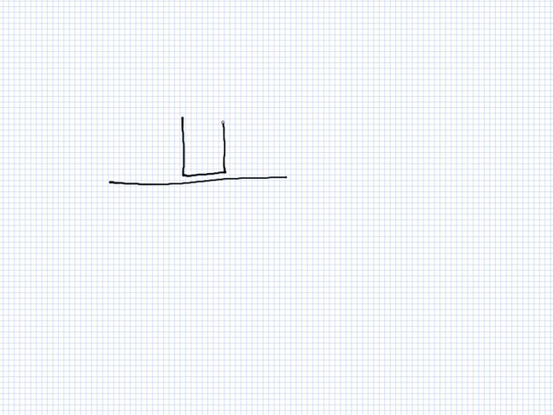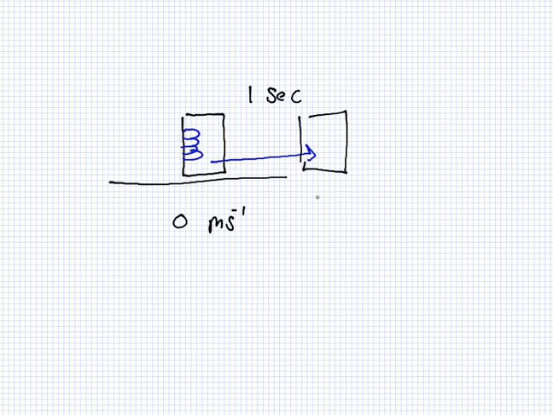Here's the coffee cup, and at the beginning it's at rest, 0 meters per second, and then here is a hand, and the hand slides the coffee cup. And this happens over 1 second, and then afterwards it's going at 30 centimeters per second.